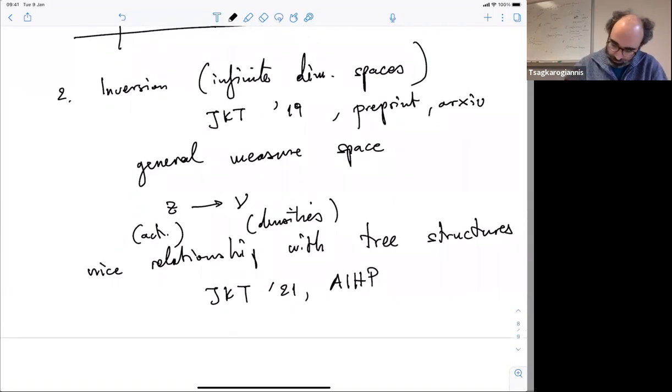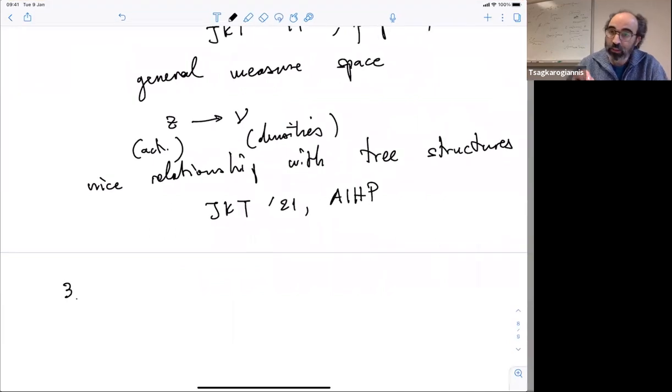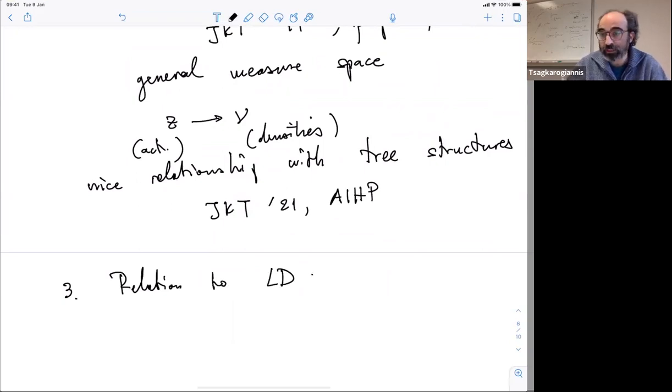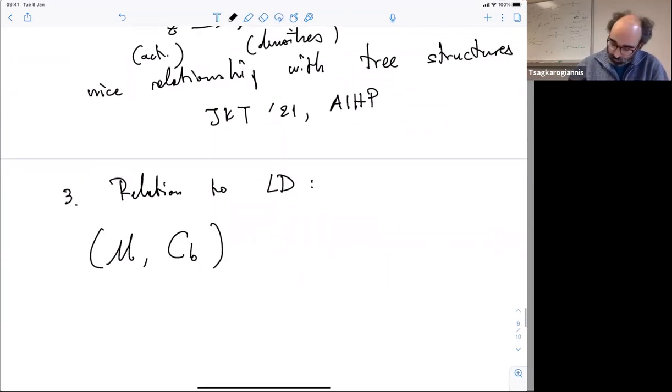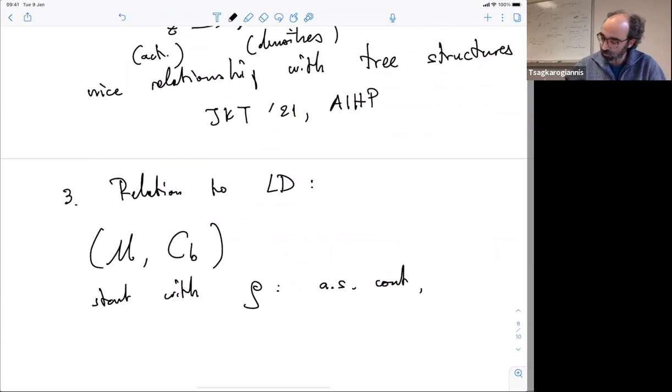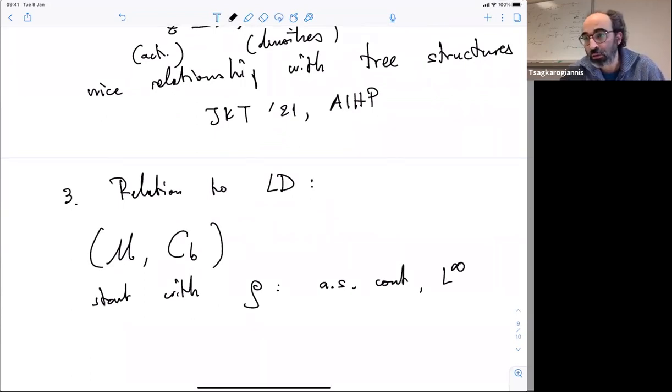This is one technical point. And the last, and I conclude with that, is the relation with the large deviation principle. And the interesting thing is the following. In large deviations, we work on the duality of measures, signed measures, and bounded continuous functions. But we found, for example, start with rho, which is maybe almost surely continuous and infinity. So it can be a measure, so it is nicely here.